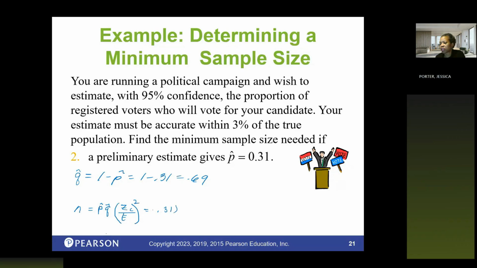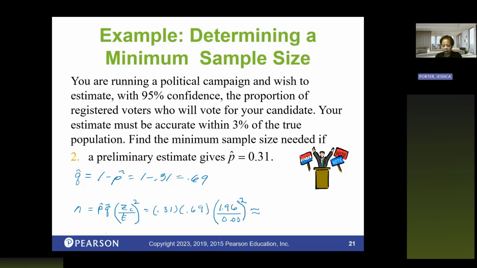So 0.31 times 0.69 times 1.96. That's one of our common critical values, over 0.03 squared. And what do you get when you put those together? Do the math on that.